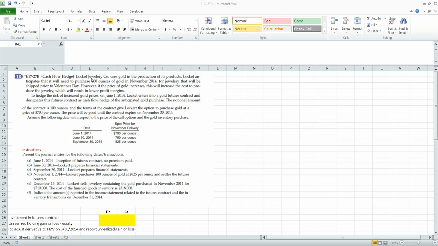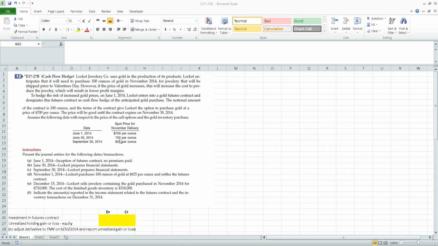So on June 1st, the day we enter into the futures contract, the spot price of gold is $700 an ounce, and the futures contract gives us the right to purchase gold at $700 an ounce. So obviously there's no intrinsic value associated with the futures contract on the day we enter into it. On June 30th, 2014, the spot price of gold has risen to $750 an ounce.